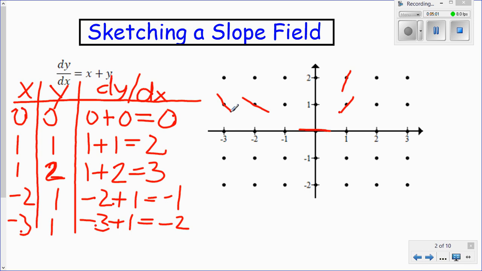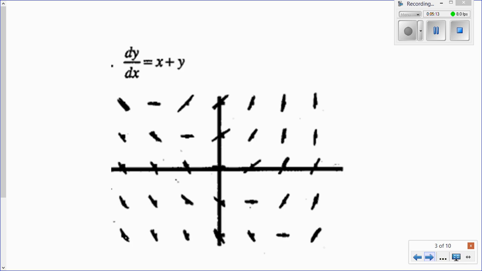Okay, so the idea is you would continue this table for all of the ordered pairs represented by the points, and you would draw your little tangent lines. Once you did that, you would get this picture. This shows you all of the tangent lines that are drawn.